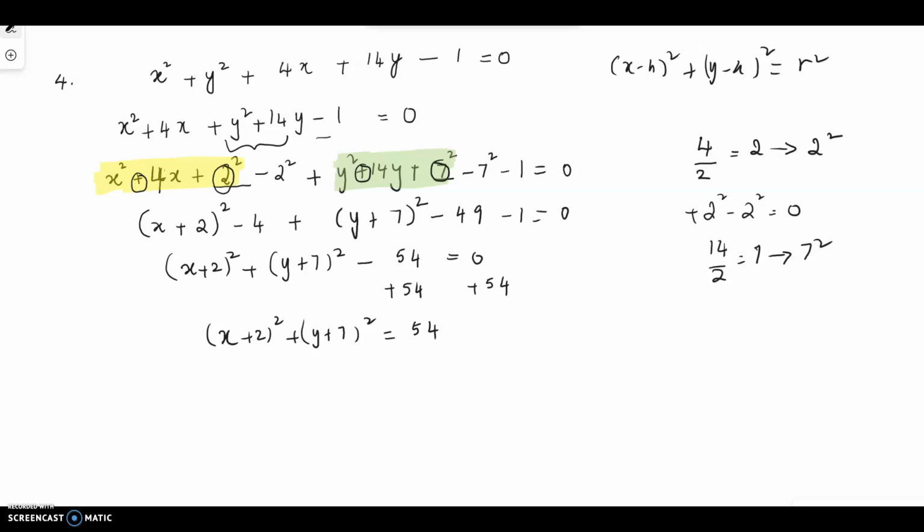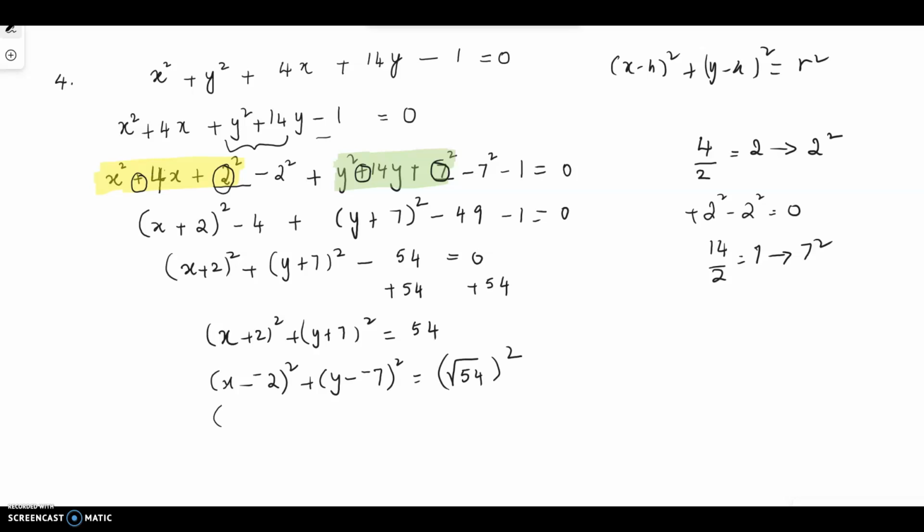So now we write this as (x minus negative 2) squared plus (y minus negative 7) squared equals radical 54 squared. And why are we doing this?